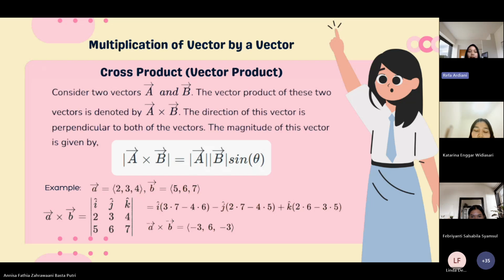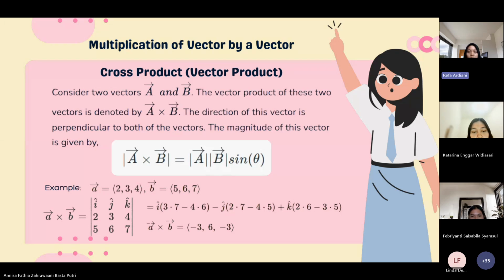To determine the direction of the resulting vector, we use the right-hand rule. Another important property is that the cross product is not commutative. This means A cross B is not equal to B cross A. In fact, reversing the order changes the direction of the resulting vector.